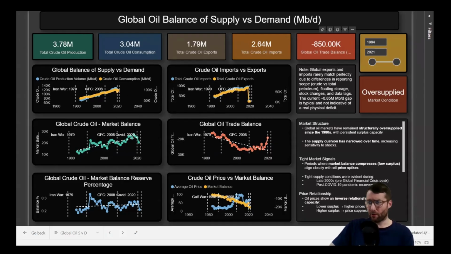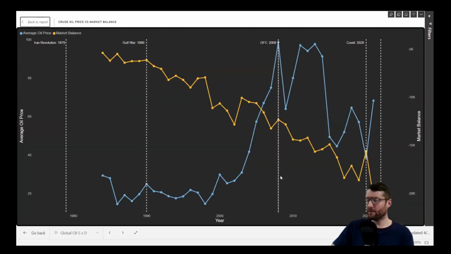So oil prices down here to market balance, that's this graph below. We can see a clear relationship emerging. When surplus is high, prices tend to be suppressed, and when surplus tightens, prices rise.